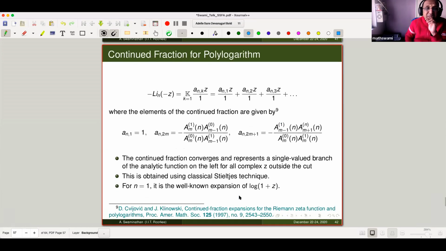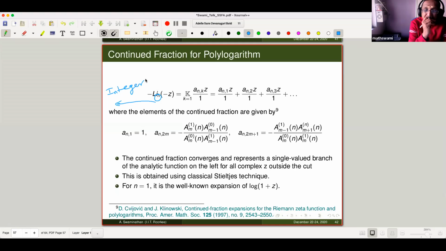But what we are interested in is the result of Sivojic and Klinovsky, where they proved this for the generalized polylogarithm for particular integer values. Here note that whatever is given here is an integer value. They have proved that for such particular integer values, they have a particular continued fraction expansion.